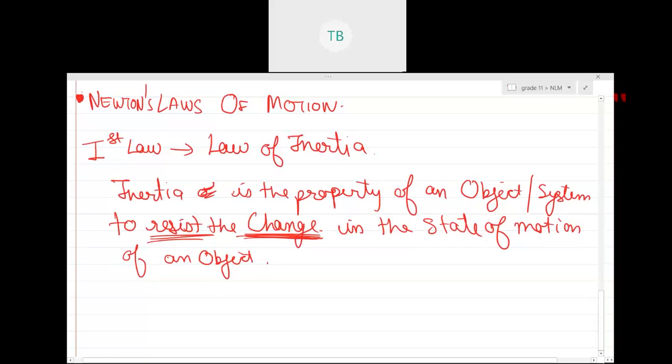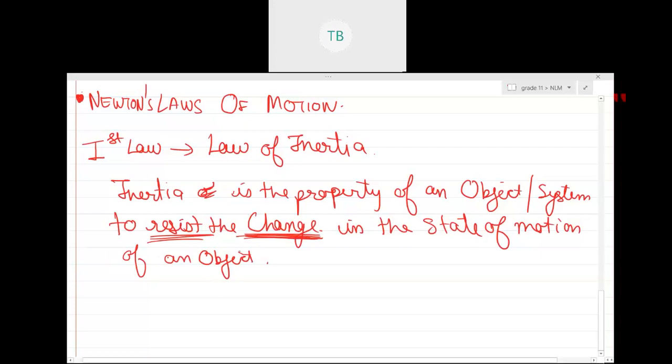That is the inertia of rest. If an object is in motion, it will try to remain in motion. Yes or no, guys? Yes, sir.